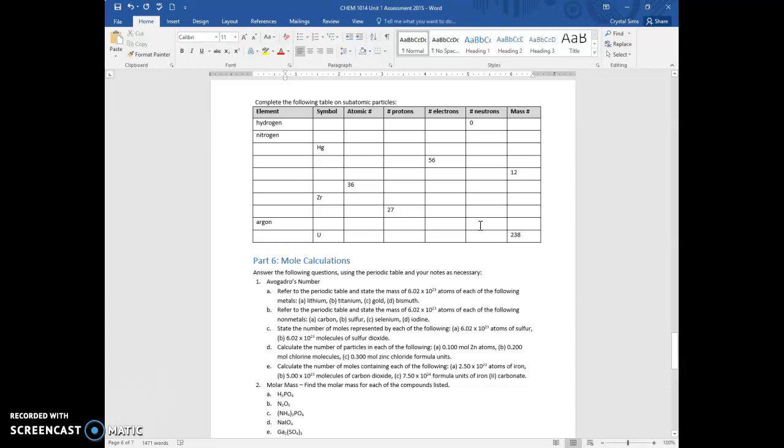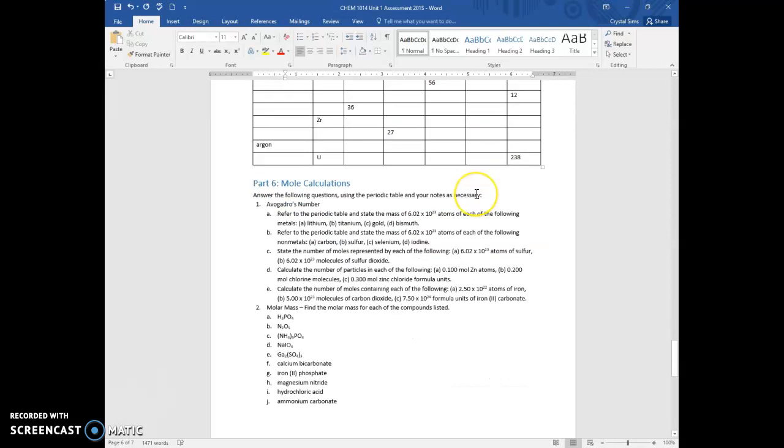And then you've got a table on subatomic particles, so you'll want to go to the periodic table for this. You're going to give either the element or the symbol, or both in some cases. You've got atomic number, number of protons, number of electrons, number of neutrons, and then mass number. And your atomic number, remember, is the same as your number of protons, and your mass number is the number of protons plus the number of neutrons.